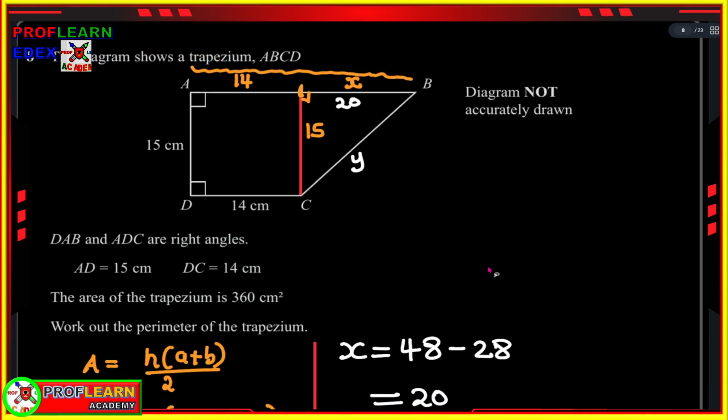Perimeter is distance all round. We have gotten that this is 25, this is 20, this is 14, this is 15, this is 14. We need to add all the distance round.